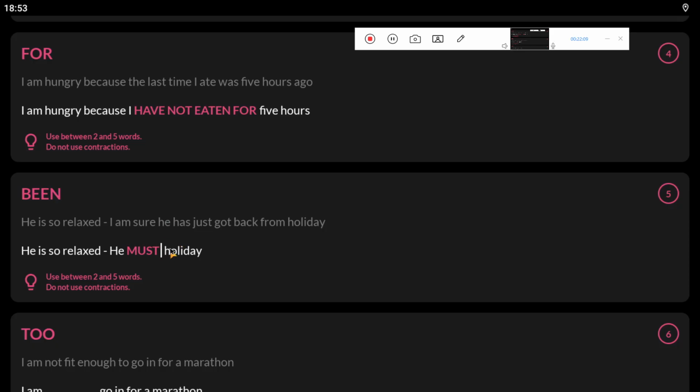And what is missing? Please, let's give it a go. I need you to try it. Have. Have, perfect. Always have, because when it comes to modal verbs, it is always with have, not has, because we cannot conjugate verbs. Been back.